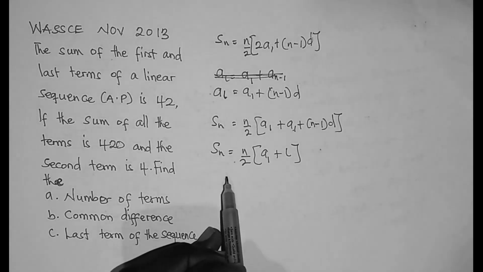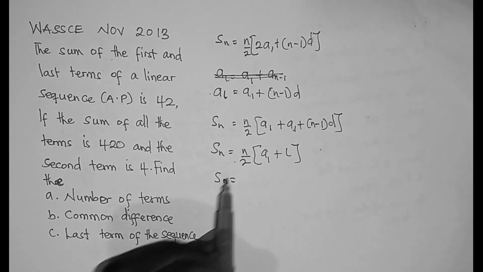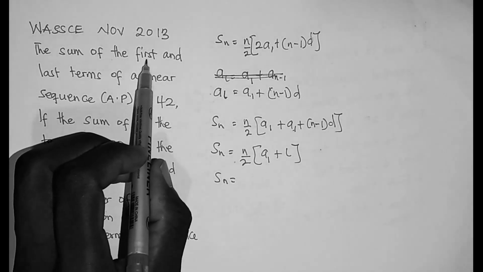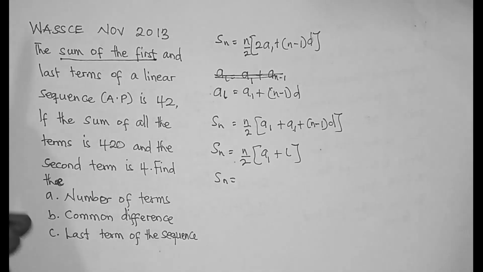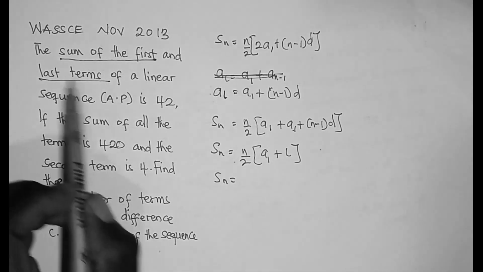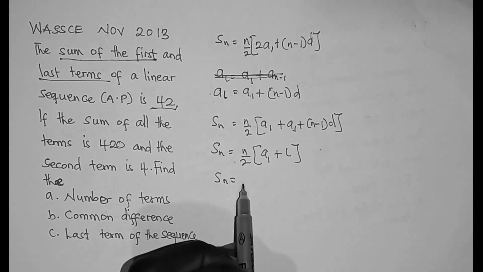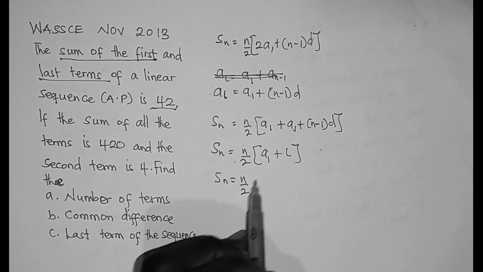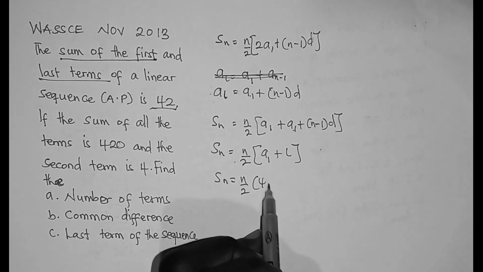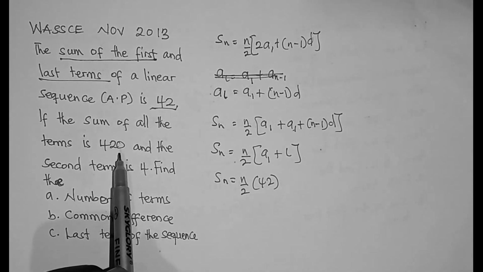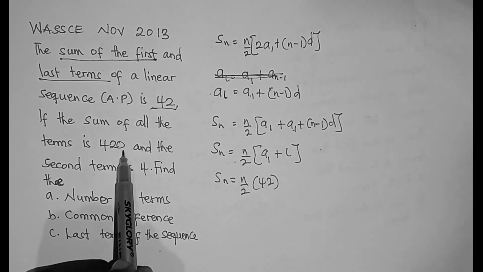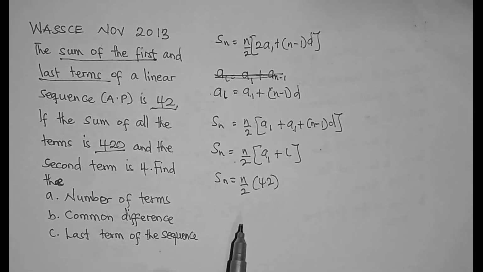So the question says that the sum of the first term and the last term of the sequence is 42. Therefore Sn is equal to n over 2 times 42. The question says that the total sum is 420.